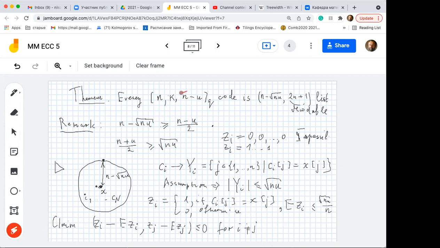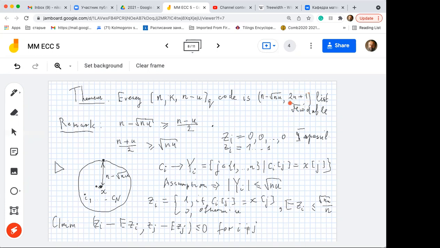And the minimum distance, which we denote by n minus u. And then this code is decodable from n minus square root of nu errors with list size of linear size, 2n plus 1.